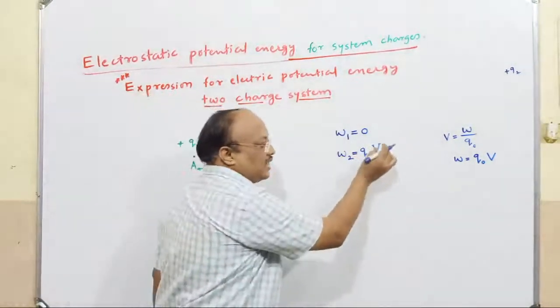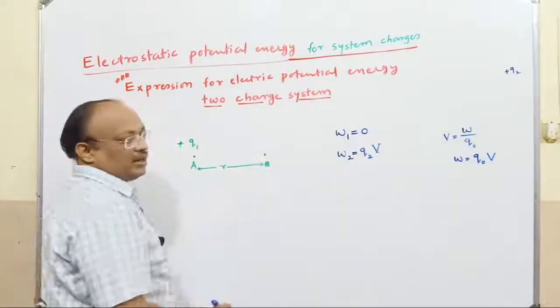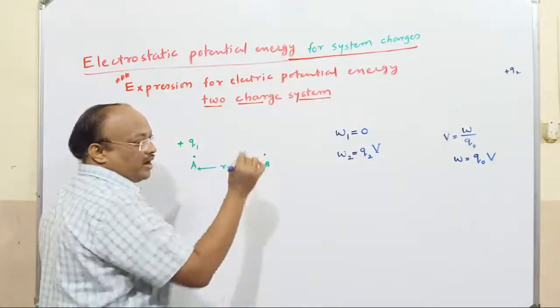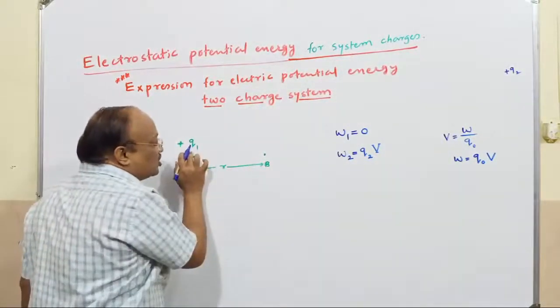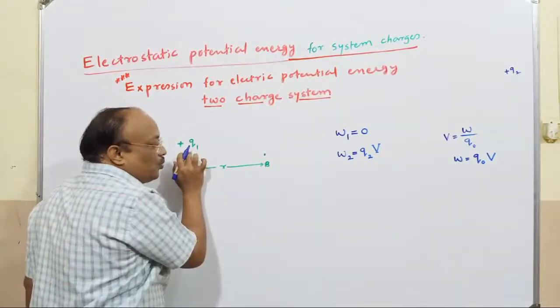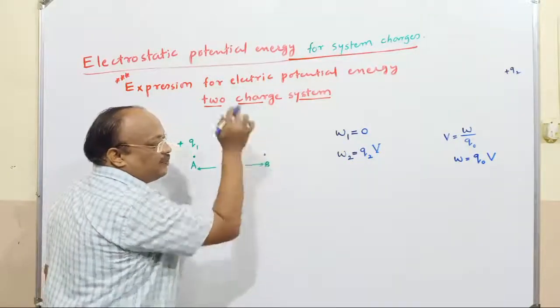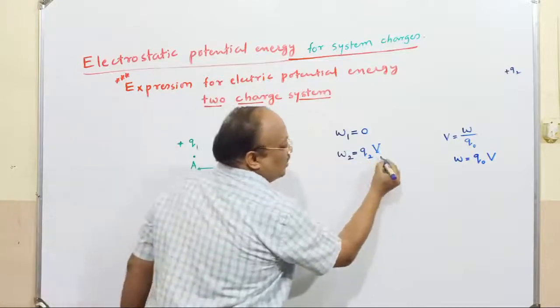V is the electric potential at this point, at point B, due to charge Q1. That is our V.